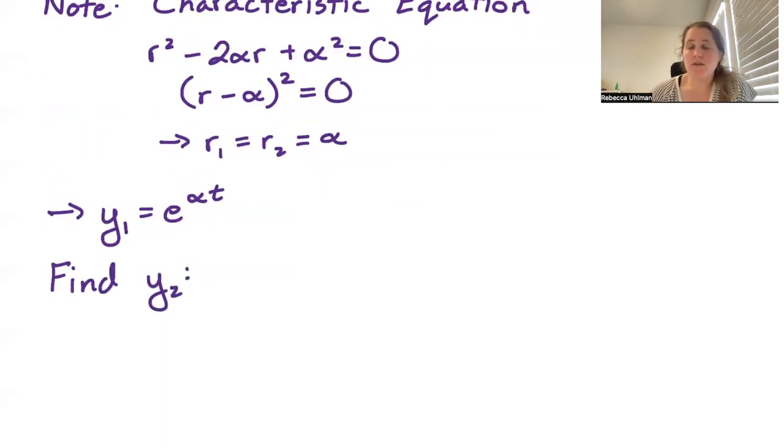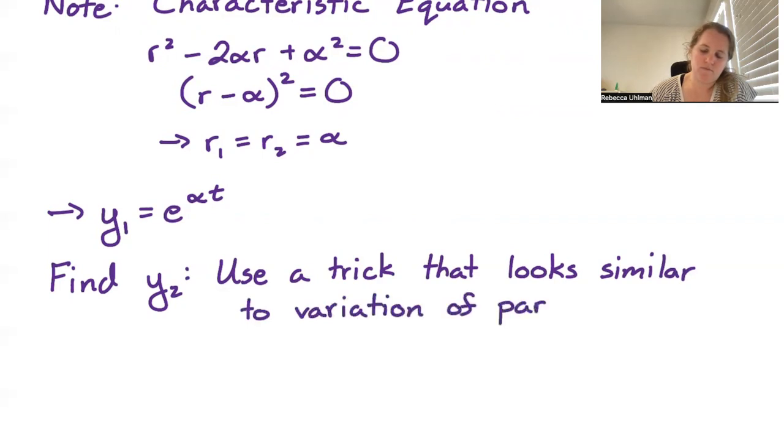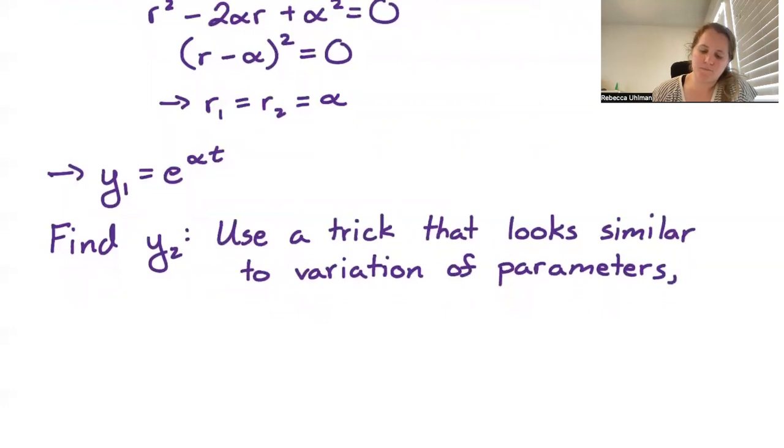We're going to use a trick that looks very similar to variation of parameters, and it's actually called reduction of order.